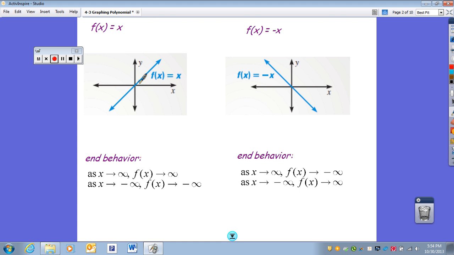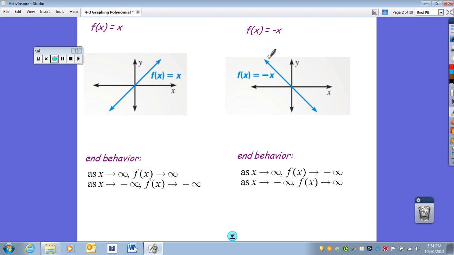As our graph continues infinitely to the right, or as x goes to positive infinity, our y value is going to positive infinity, or up to the right. As our x goes to negative infinity, going to the left, our y value, or f of x, is going to go down infinitely to the left. So it's going to negative infinity.